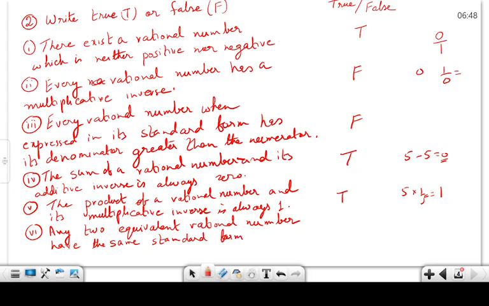Any two equivalent rational numbers have the same standard form, that is false.